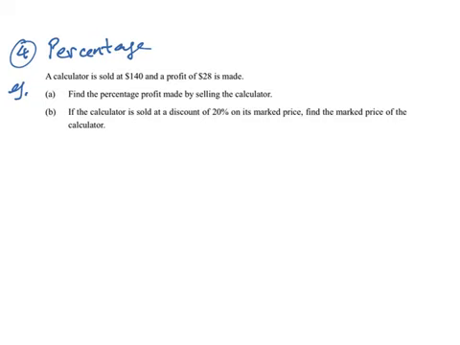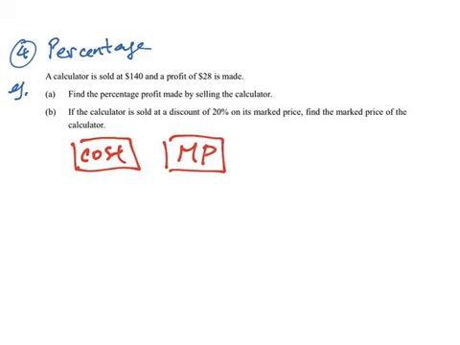A calculator is sold at $140 and the profit is $28. So we don't know the cost, and the mark price we also don't know, but we know the selling price. The selling price is 140 and we also know the profit is 28.